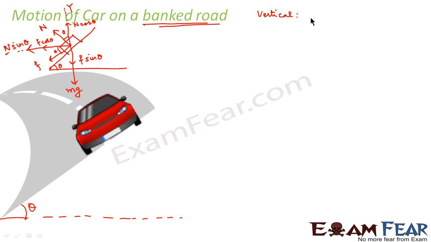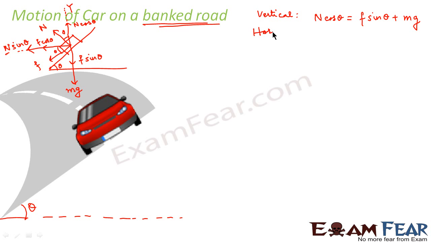So in the vertical direction, the car is at rest, so N cos theta is equal to f sin theta plus mg. That is, N cos theta equals f sin theta plus mg.